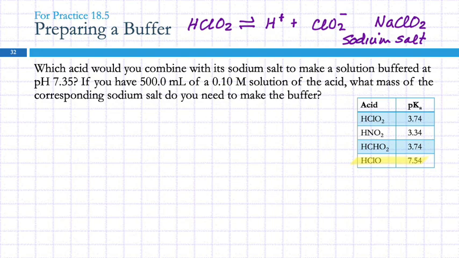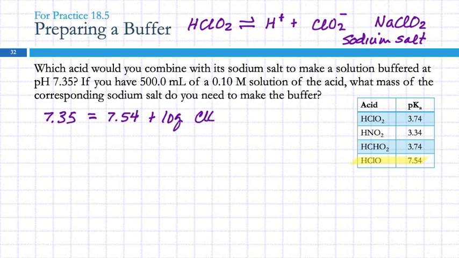Well, we know what we want the pH to be, right? 7.35. So pH equals pKa plus the log of the base over the acid.